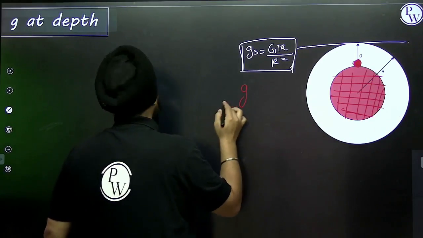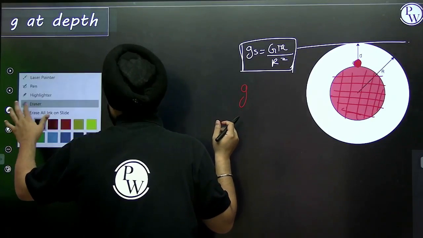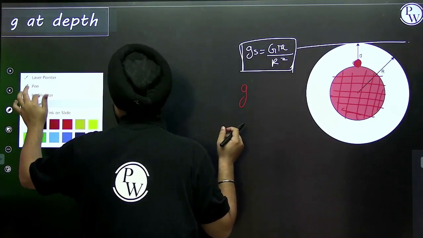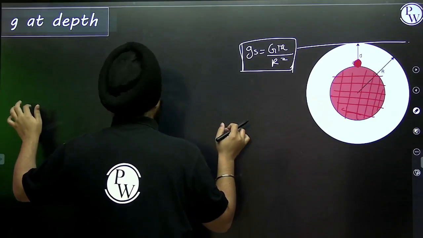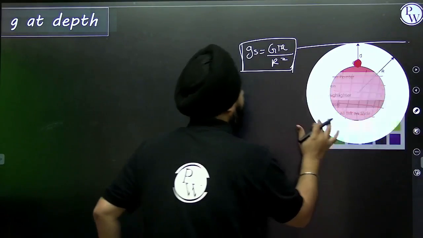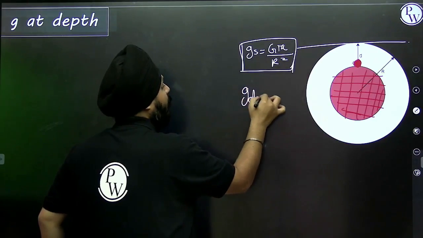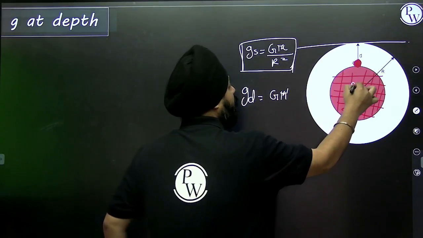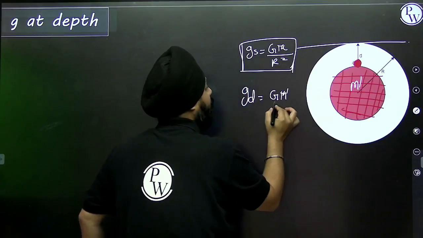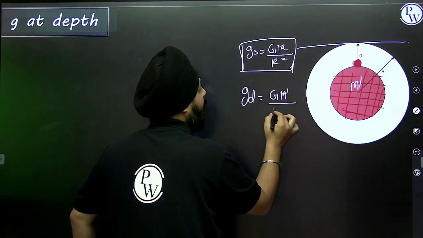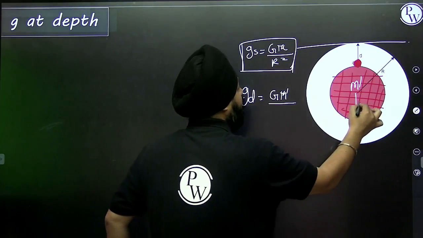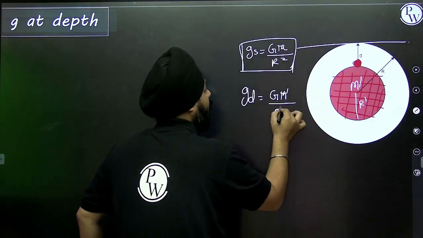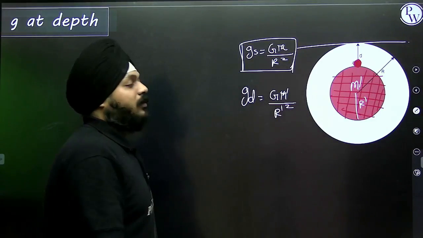So here we have the variation of g at depth. We have this mass M dash of the earth, and GM dash divided by R dash squared, where R dash is the radius of this inner part.